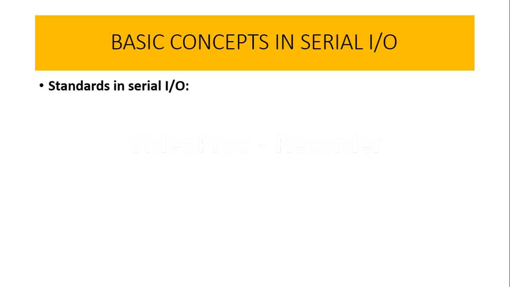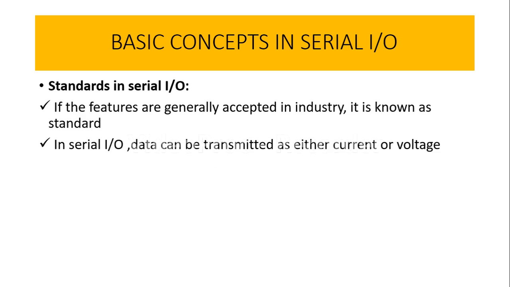When we talk about serial I/O, the data can be transmitted in the form of either current or voltage. Particularly when we are transmitting the data in the form of voltage, we use the standard called RS232C, and it is defined in reference to the data terminal equipment and data communication equipment.